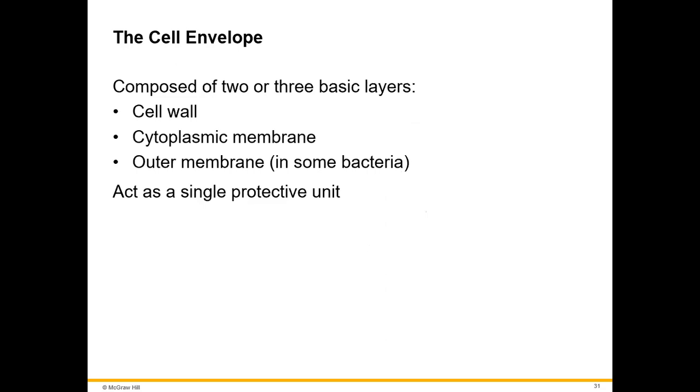The cell envelope is basically 2 to 3 basic layers: the cell wall, the cytoplasmic membrane that most bacteria have, and the outer membrane, the lipopolysaccharide layer that gram-negative bacteria have. Together, these 2 or 3 layers act as a single protective unit in the bacteria.